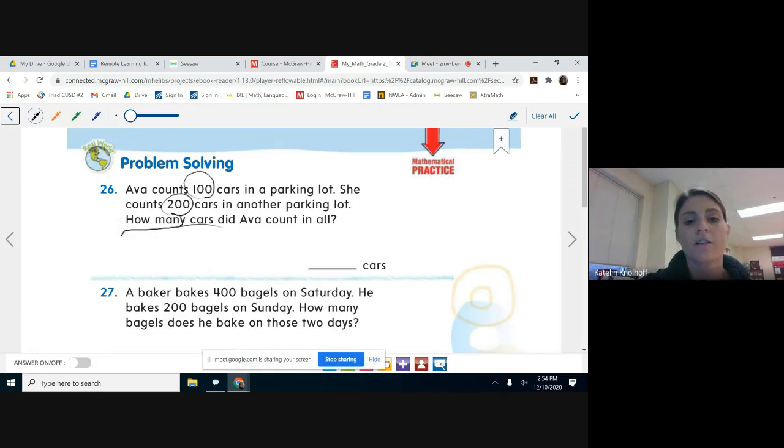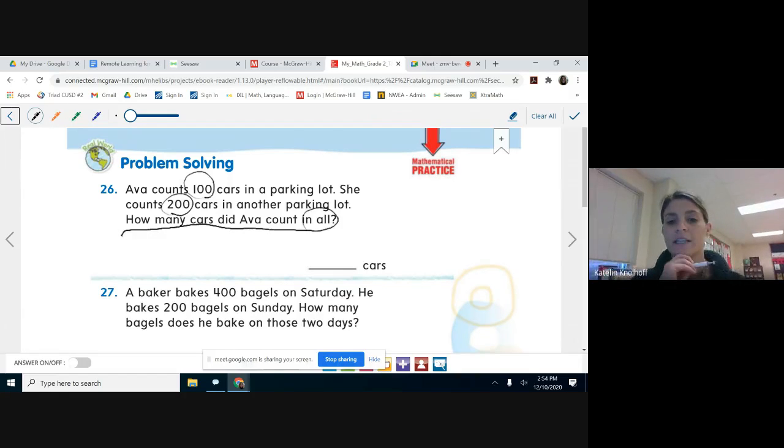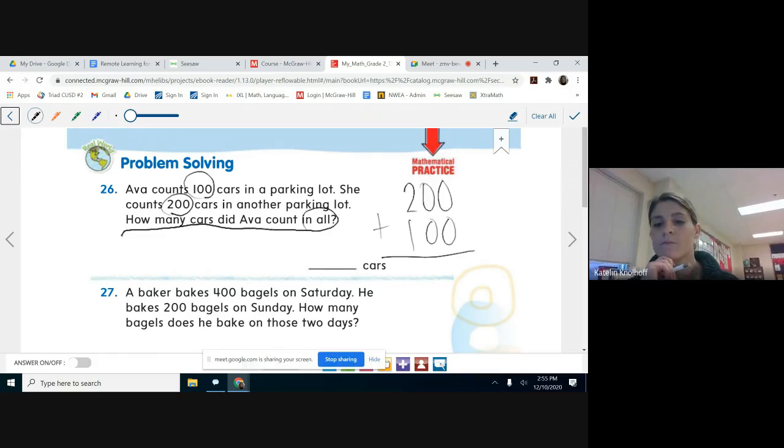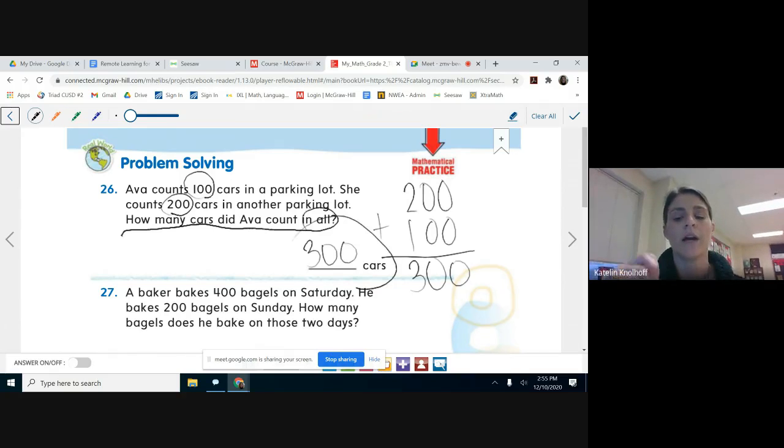How many cars did she count in all? Ding, ding, ding. In all tells us that we are going to add those two numbers. So we're going to do 200 plus 100. We know our fact, 2 plus 1 is 3. Add our 2 zeros. So how many cars in all? 300 cars.